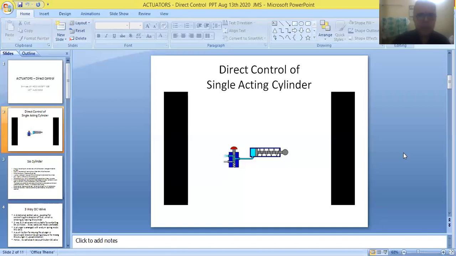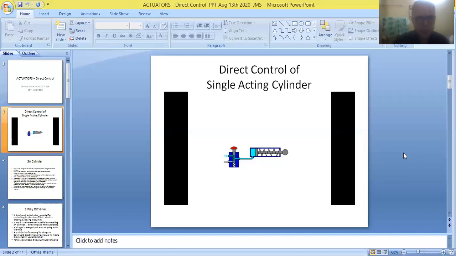And secondly, we can see the passages made inside the body of the DC valve. They are referred to as valve ports, and this is called the inlet port of the DC valve.